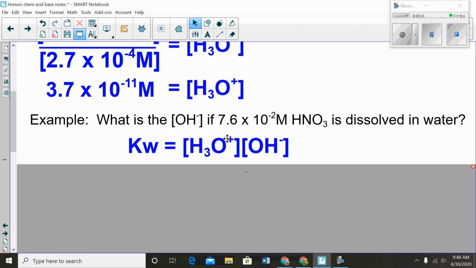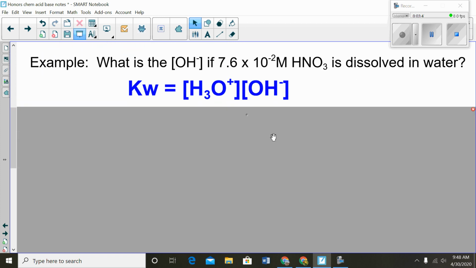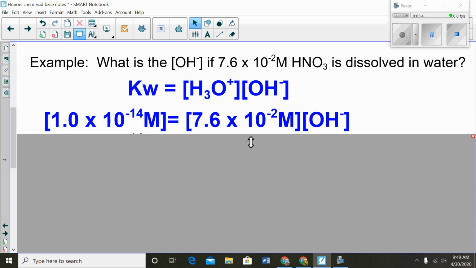Well, it's asking, what is the OH minus? So you are looking for the OH minus. So that means, even though it's not stated up here, that the 7.6 times 10 to the minus second molarity is the H3O plus. So if you're looking for the OH minus, then this value has to be the H3O plus. And it is.